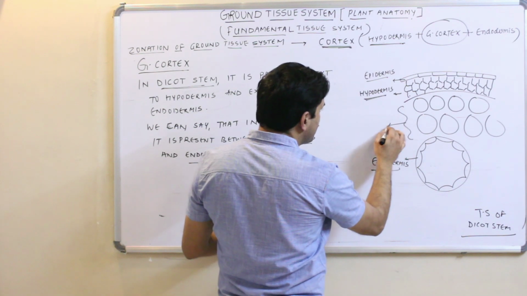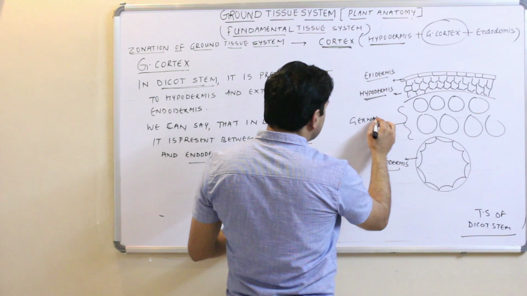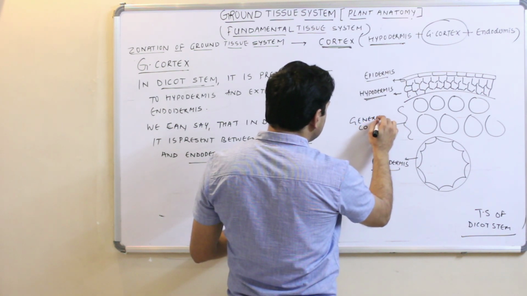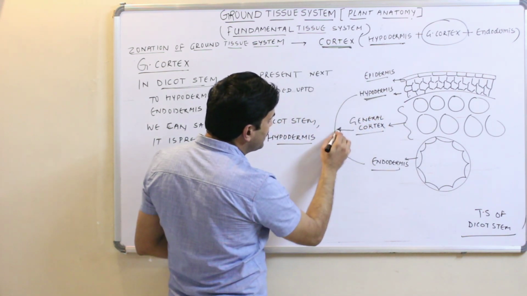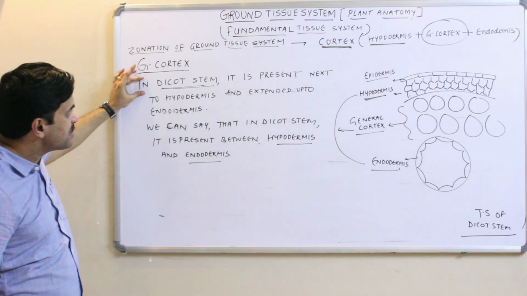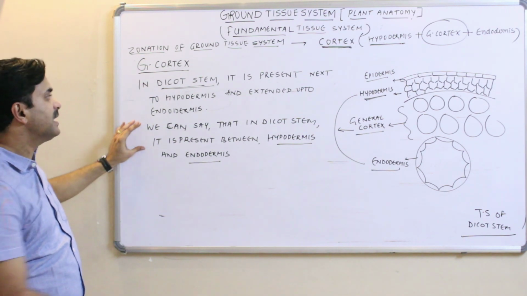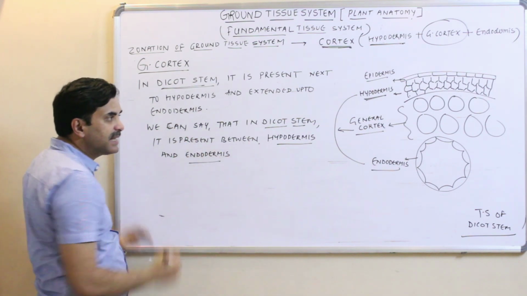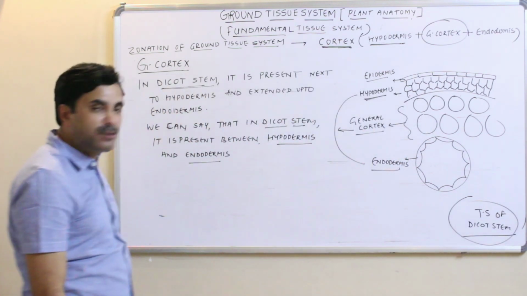This is general cortex. So I can say that it is present in between the hypodermis and the endodermis. Clear? So it is the section of the dicot stem.